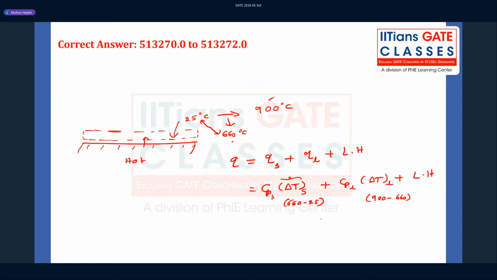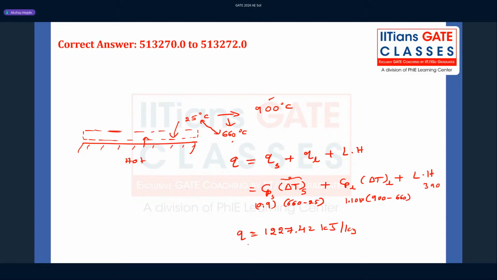If you put all the numbers, this is 0.9, this is 1.108, and this is 390. Everything is now in kilojoules. So I will end up with a heat transfer of 1227.42 kilojoules per kg. It is a unit mass system at this point.